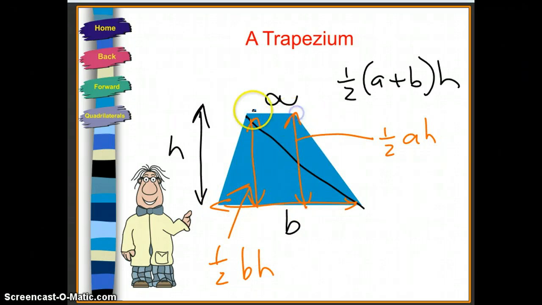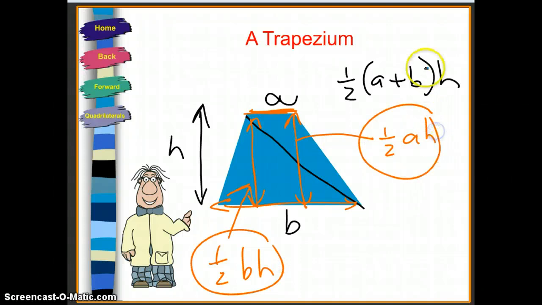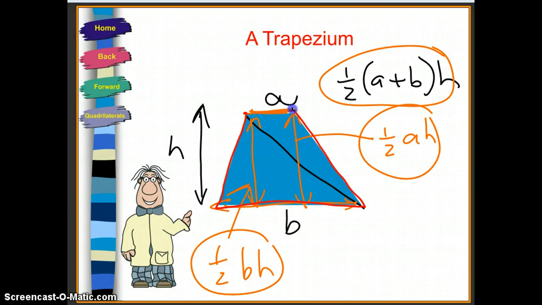There's A's height, there's A's base. Okay? So the trapezium, if we add this and this together, algebraically that is actually the same. So that's area of a trapezium. If you were trying to get the perimeter of a trapezium, you would simply add up this length plus this length plus this length plus this length, and they're going to be 4 different lengths, which you would be given.